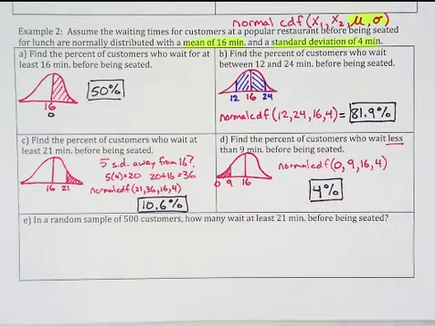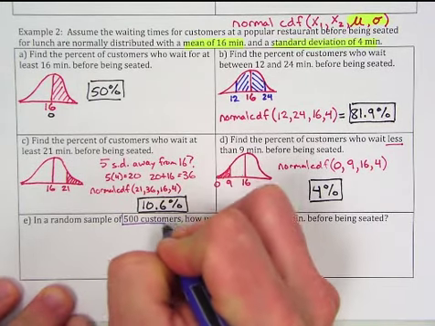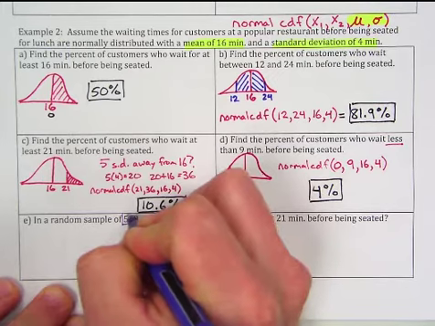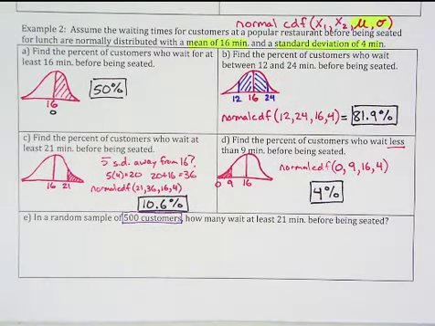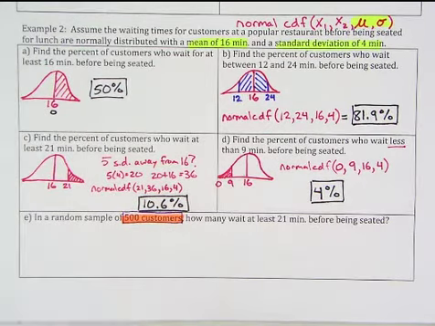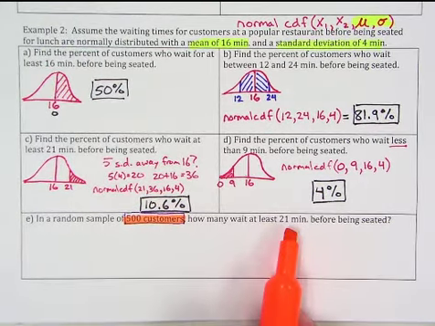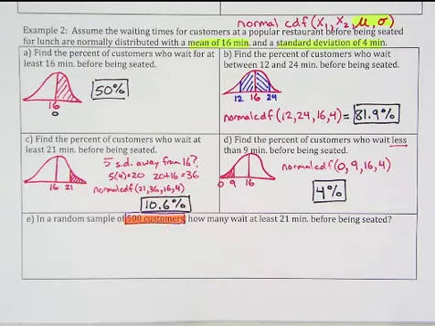So what they're doing in this example is telling you how large our population is. So in this case, our population is 500. So if we know what percentage wait at least 21 minutes, we're going to multiply that percentage by 500 to get our answer.